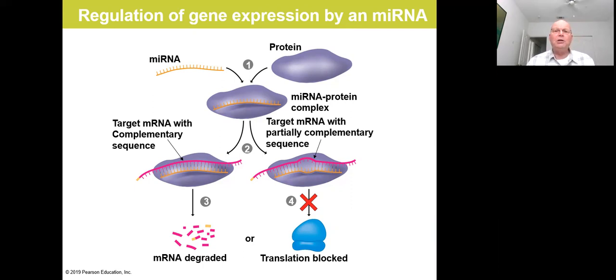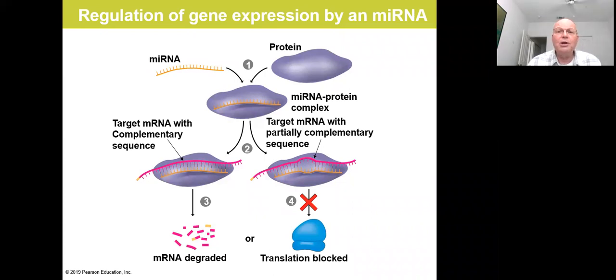Now, it does so in concert with a protein that it complexes with. And the presence of that miRNA attached to the messenger RNA triggers the protein to then break the messenger RNA down. In other words, it's a way of removing the messenger RNA. So long as the miRNA is fully complementary to the sequence of nucleotides in the messenger RNA, then the messenger RNA is going to be degraded.